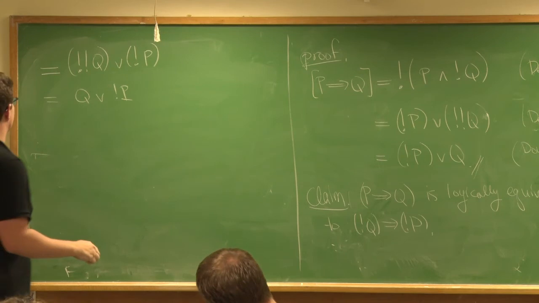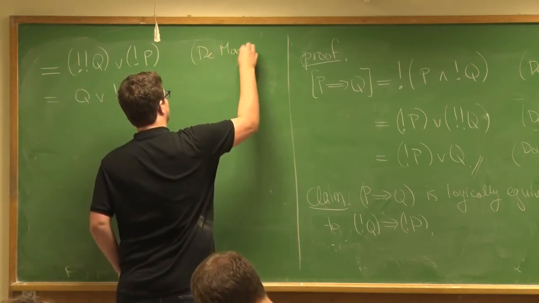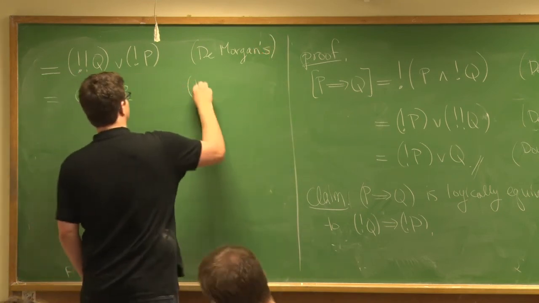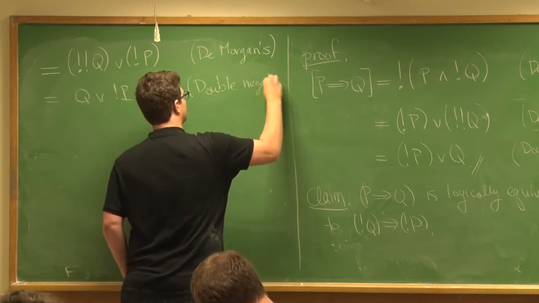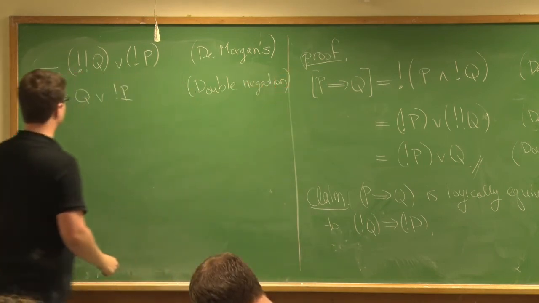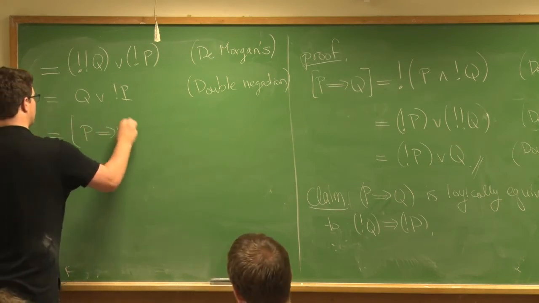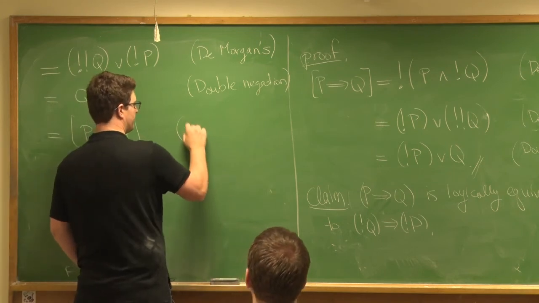This line here used De Morgan's, and so this again we use double negation, and then here this is P implies Q. So this is the previous claim.